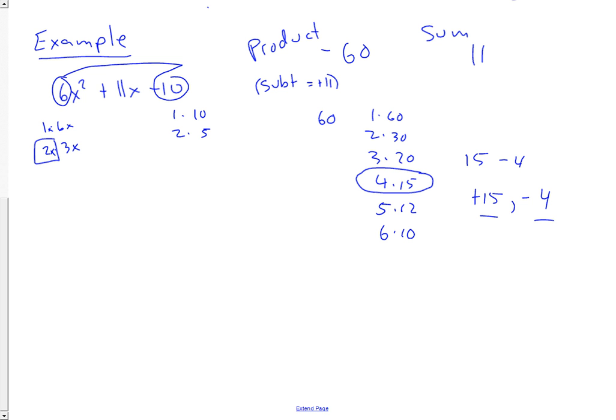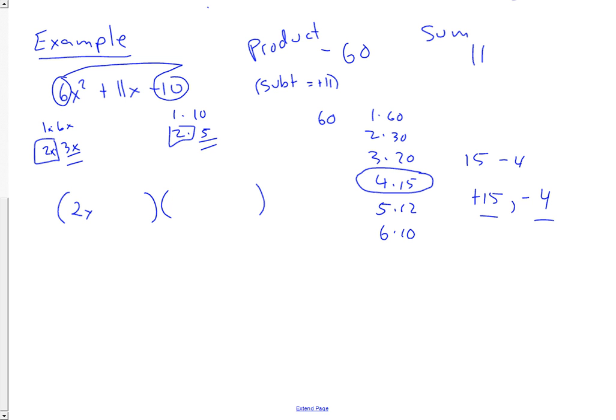So if I pair up the 2x with the 2, that gives me my 4. And if I pair up the 3x with the 5, that gives me 15. So when I set my parentheses up, I need to consider that. My 2x and 3x are going to be in the front of each set of parentheses.